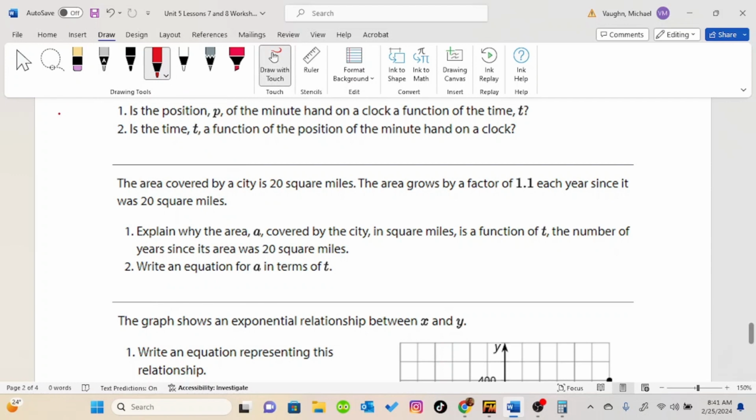Number 1. Is the position P of the minute hand on a clock a function of the time T? A function of, that means position is my output, time is my input.